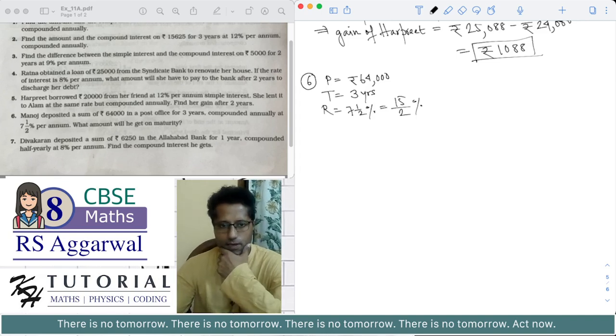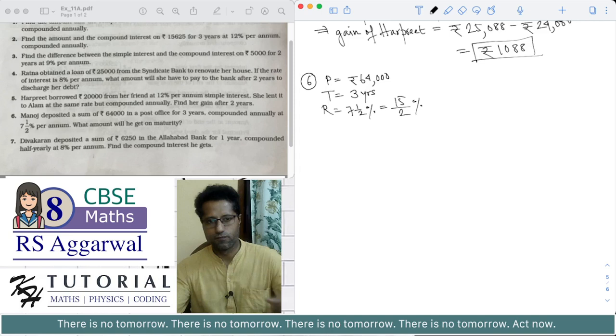Now, what amount will he get on maturity means what will be the total amount of the original principal, which is 64,000, compounded with compound interest for 3 years.